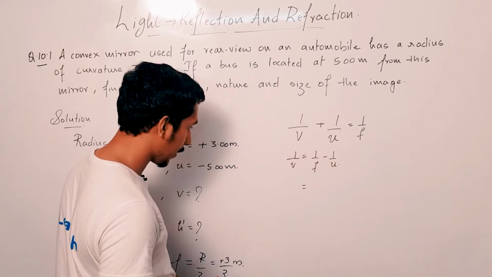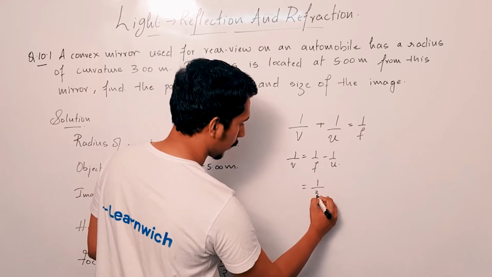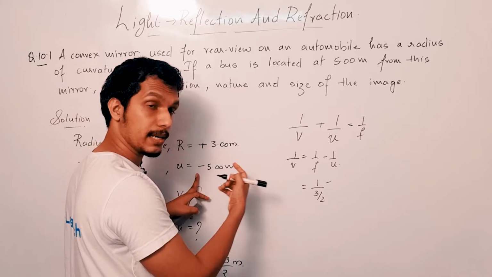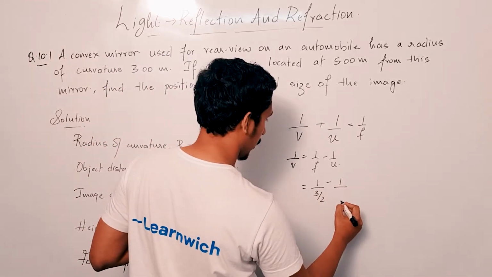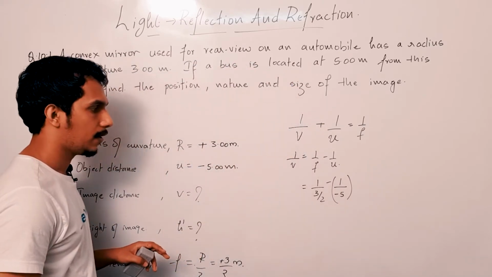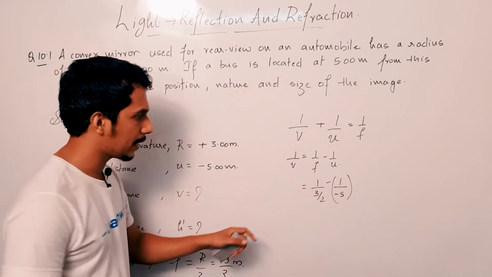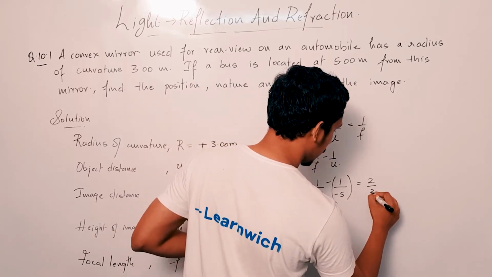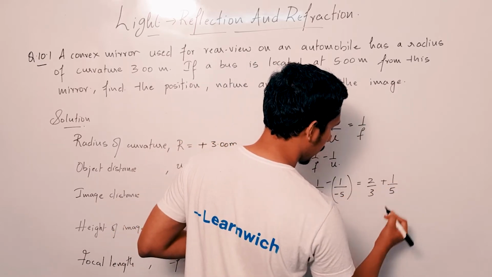What is 1 by f given as? 1 by 3 by 2 minus 1 by minus 5. Minus of minus becomes plus. This goes to the top, so this will be 2 by 3 plus 1 by 5.